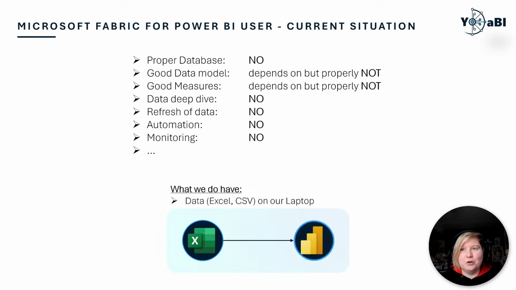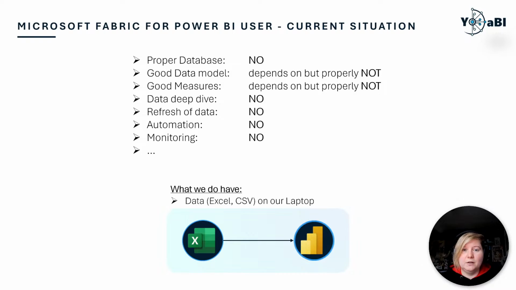So if you want to monitor, for example, your numbers, or you want to monitor your report, if it's used or if it's not used, normally there is also no monitoring. Of course, you could use the usage metrics, but for this, the admin has to turn it on in your tenant. Otherwise, you can't see anything.